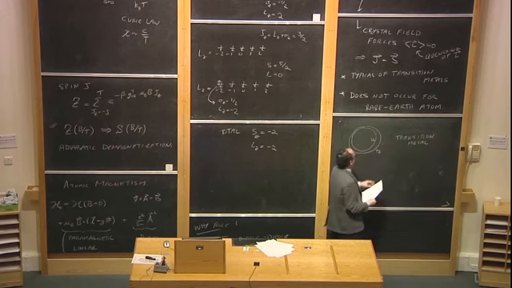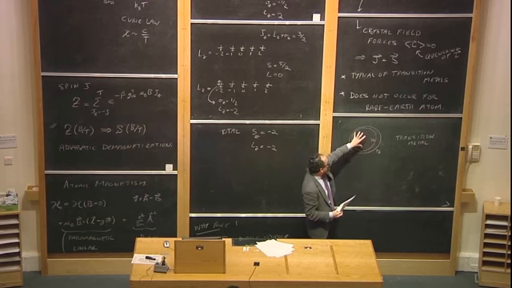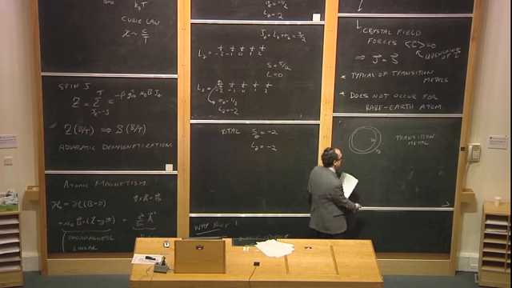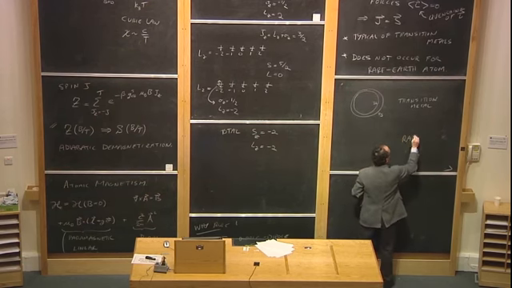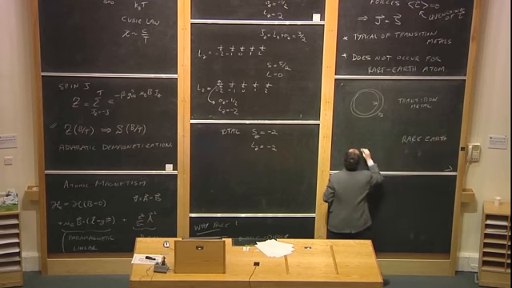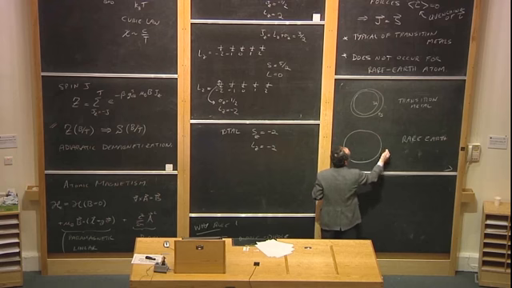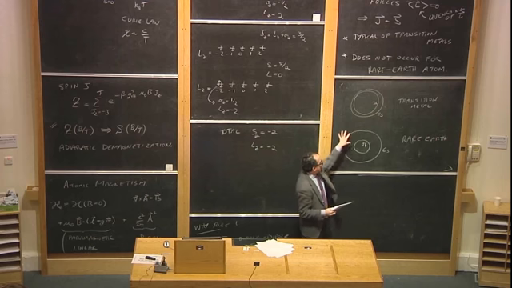And so the partially filled shell sees the environment of the atom quite strongly because the electrons are very close to the boundary of the atom. Whereas in the rare earths, you can have something where the outermost shell is something like 6s, and the partially filled shell is 4f. And so it's very protected from the environment because the partially filled shell has a much smaller radius than the atom as a whole.